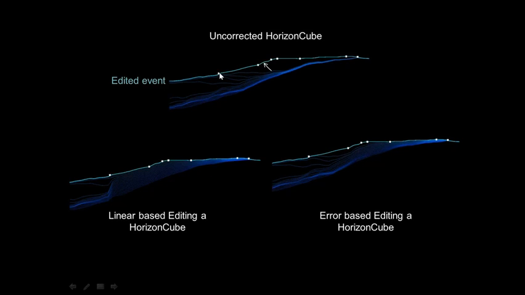You see a seeded turquoise event, which is actually an edited event, which means that I want to move relatively all events up. There are two ways. Either move all events proportionally upward, or move events such that a residual is computed between these two events, and that is interpolated vertically as well as laterally. So this is called error-based editing of a HorizonCube.